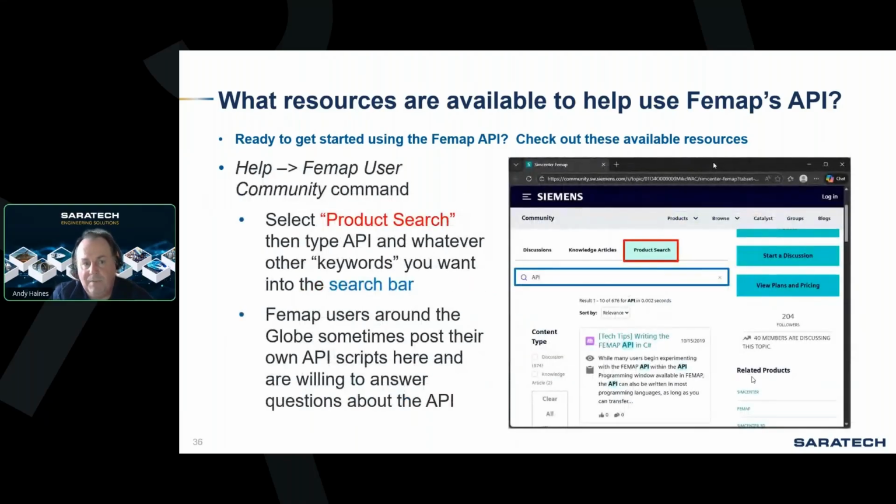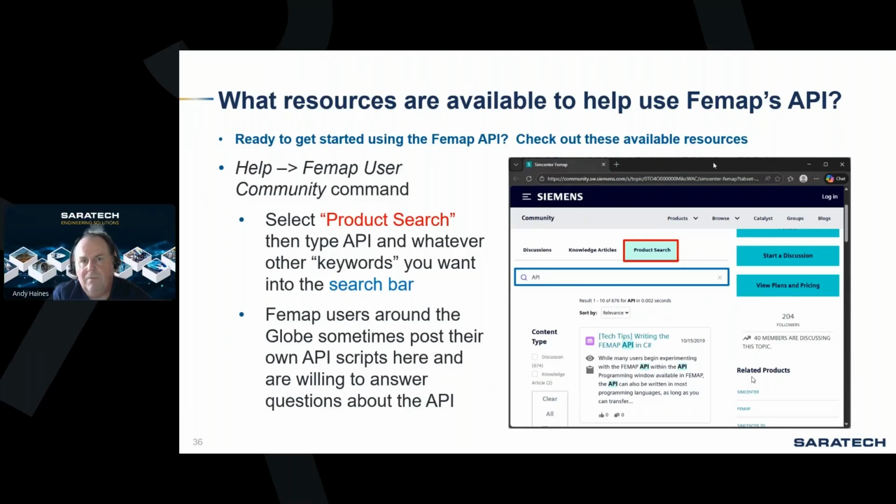Probably one of the best places to look for API help, especially if you're looking for something specific, is to use the help Femap user community command. So this is the Femap user community that exists for essentially all kinds of Femap answers. But if you're specifically looking for things to help you with the API, basically what you can do is you can hit the product search tab, and then you can just type in API.